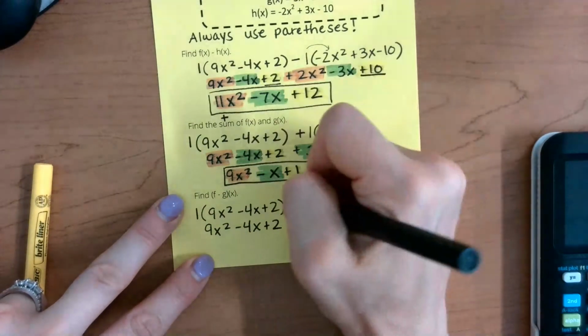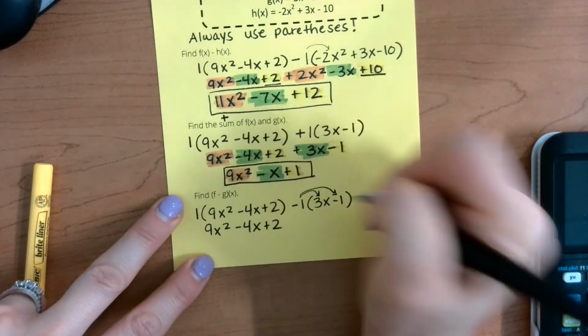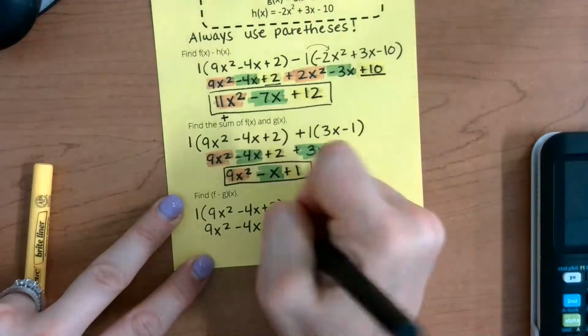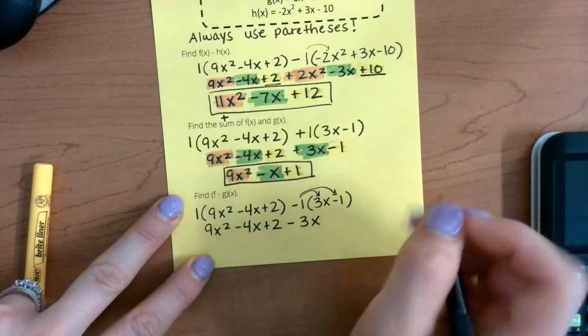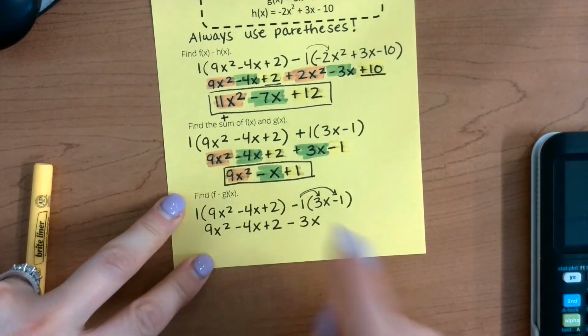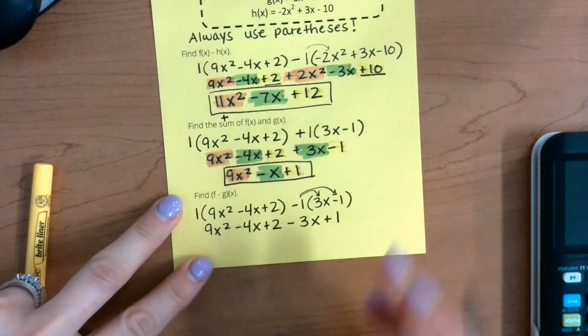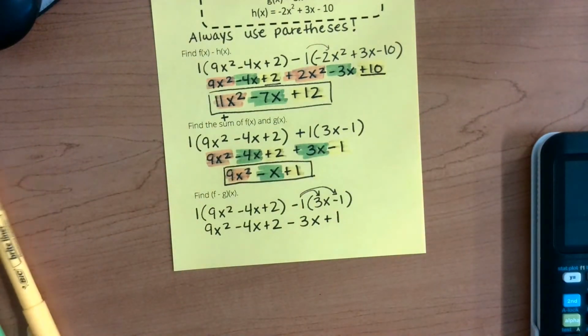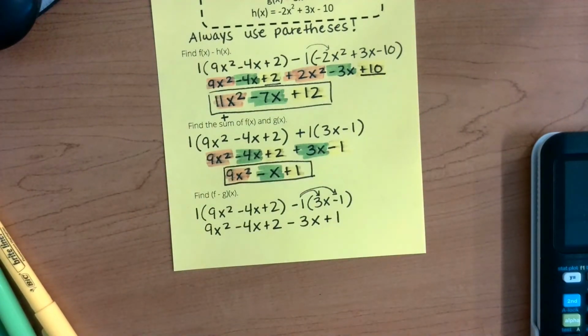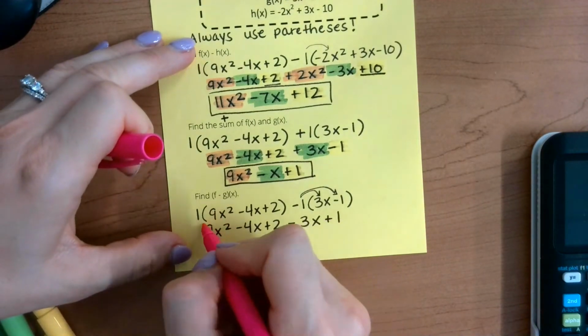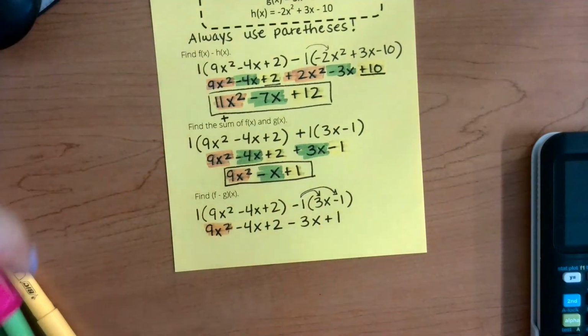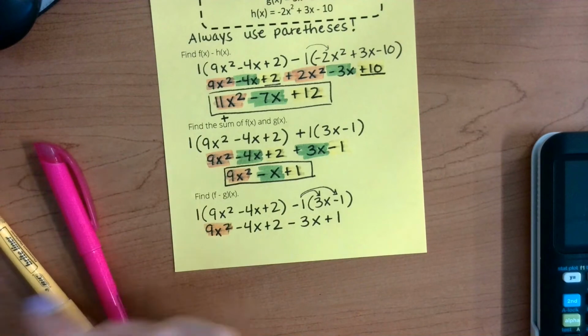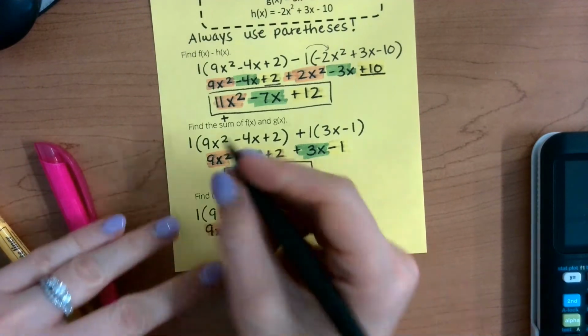This negative 1 will change to the opposite signs. Negative 1 times 3x is negative 3x. Negative 1 times negative 1 is positive 1. Now I can highlight my like terms. 9x squared. I don't see another x squared, so that's going to stay the same.